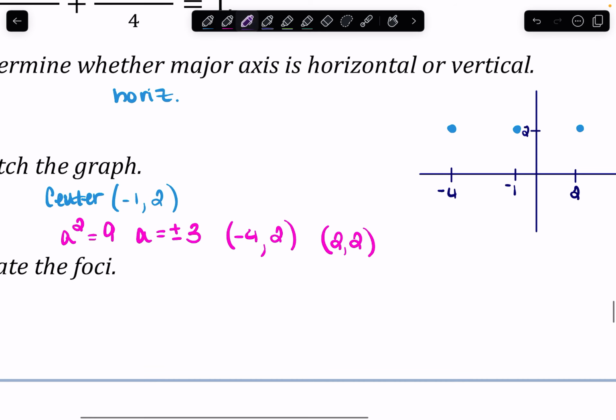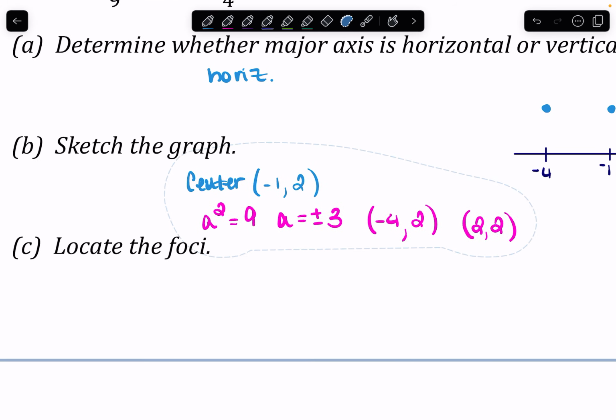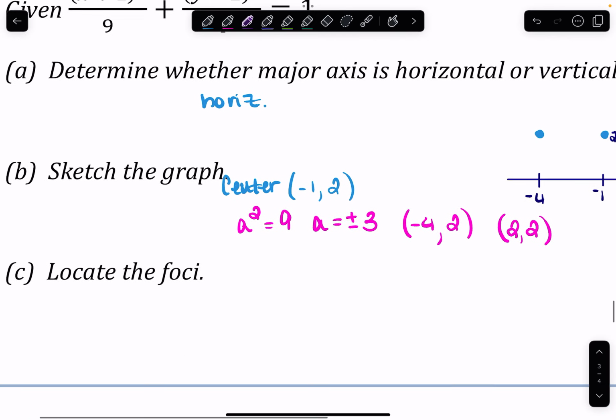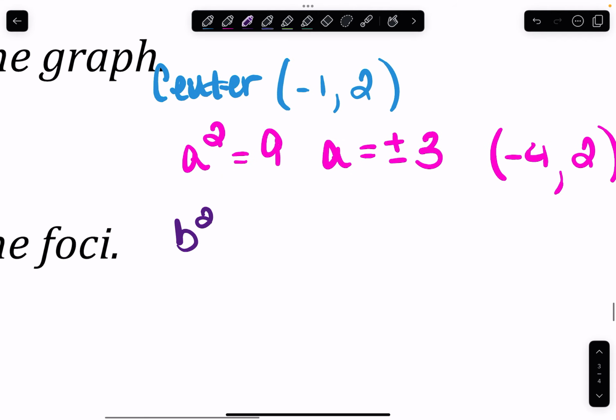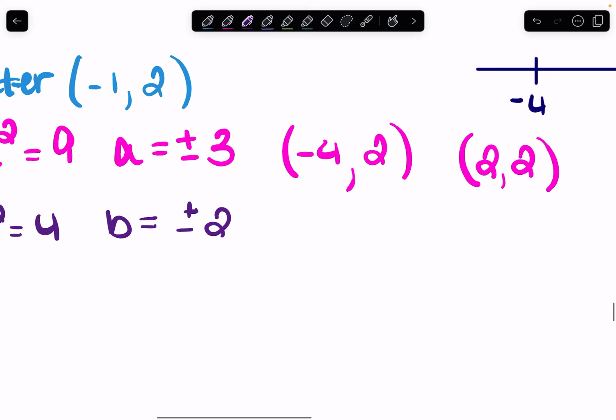All right, so for our vertical points, I like to keep all this kind of lined up. So our vertical points, b squared was 4. Therefore, b is plus and minus 2. So this time we're going to add and subtract this value from the y value of the vertex. So this time we leave the x value untouched. So we're not going to mess with the x value for our minor axis.